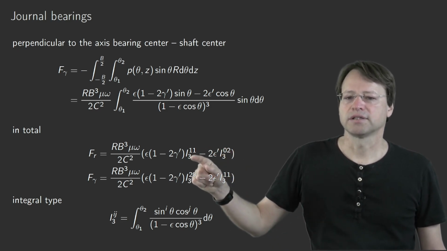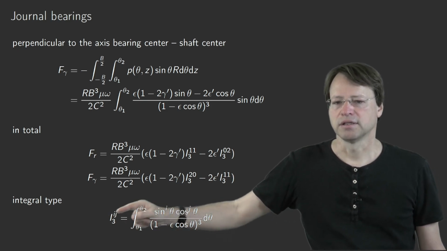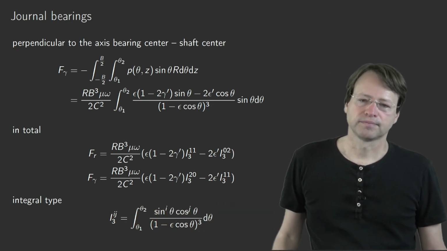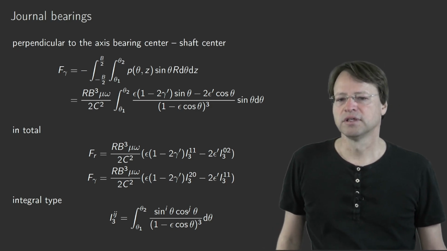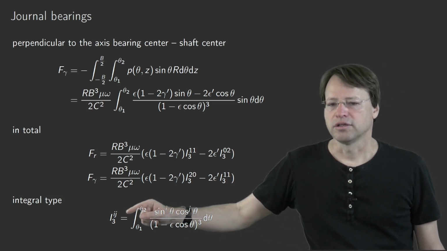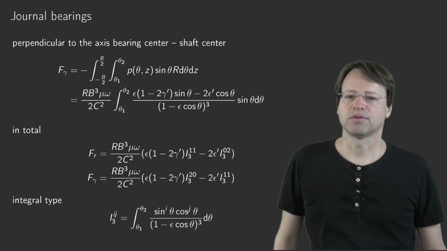We put as an abbreviation I, with a 3 as a subscript to indicate the power of the term in the denominator, and the superscripts refer to the power of the sine function and to the power of the cosine function.